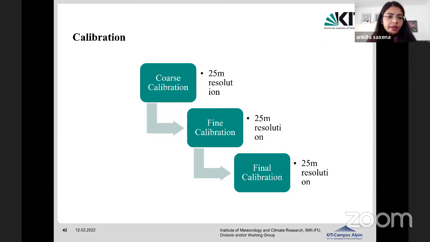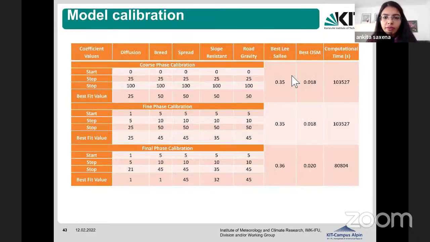And for each and every combination, we have these metrics like best Leesalee metrics, best OSM, and how much computational time it took in number of seconds. So this is the summarized way of representing the calibration process. Leesalee is the shape index of urban, because it's not area, it's not something else, it's not a count, but it's giving you the idea about the shape.